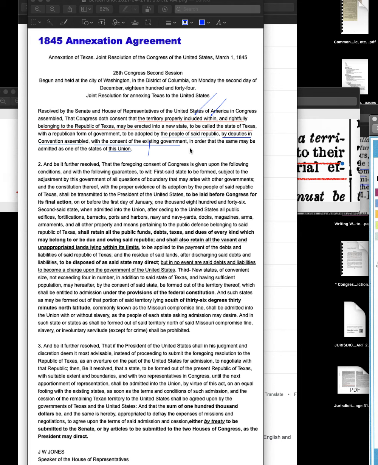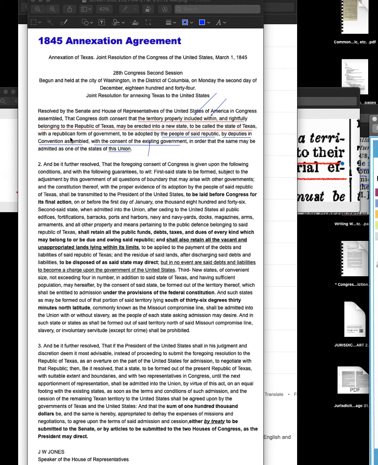So it's basically how the federal people and the non-federal people are going to get along. But it applies to the federal people. The Constitution that is for the federal government inside Texas on the federal lands is called the State of Texas Constitution, with a Republican form of government.